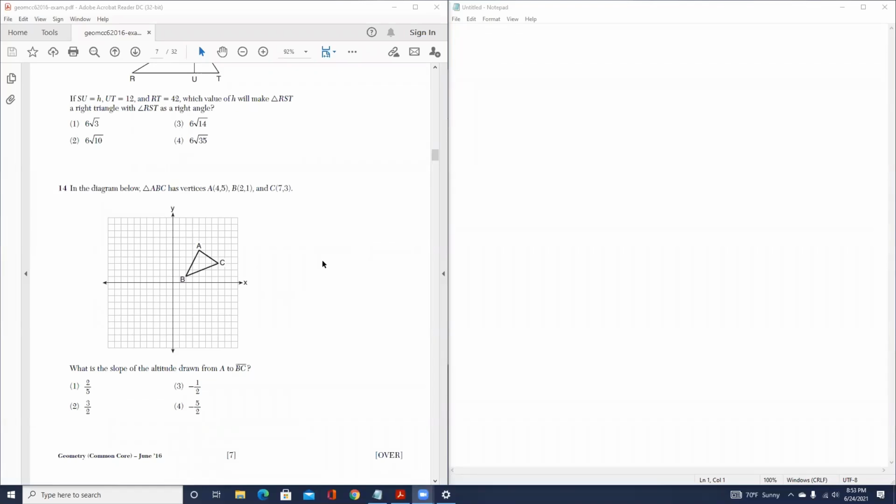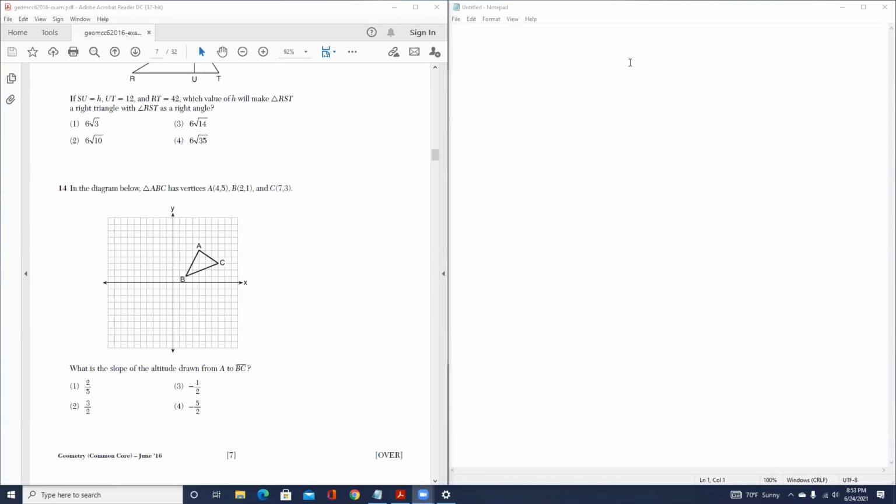Moving on to question 14. In the diagram below, triangle ABC has vertices at A (4, 5), B (2, 1), and C (7, 3). What is the slope of the altitude drawn from A to BC?